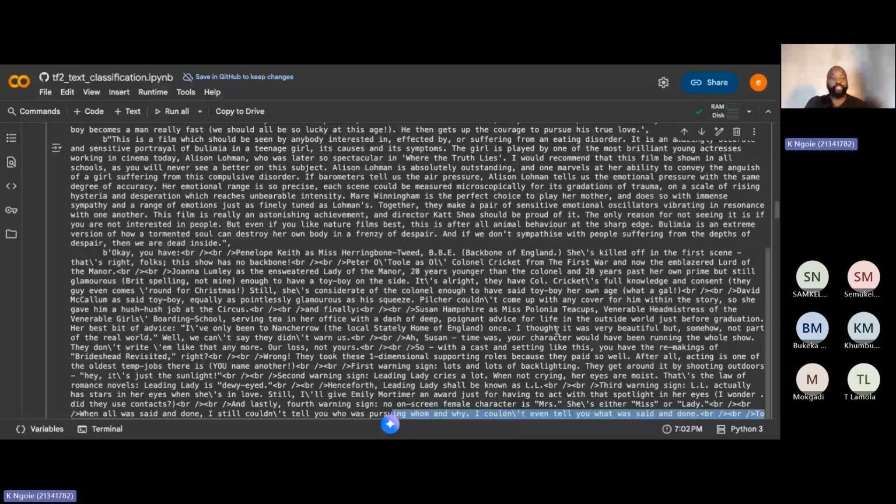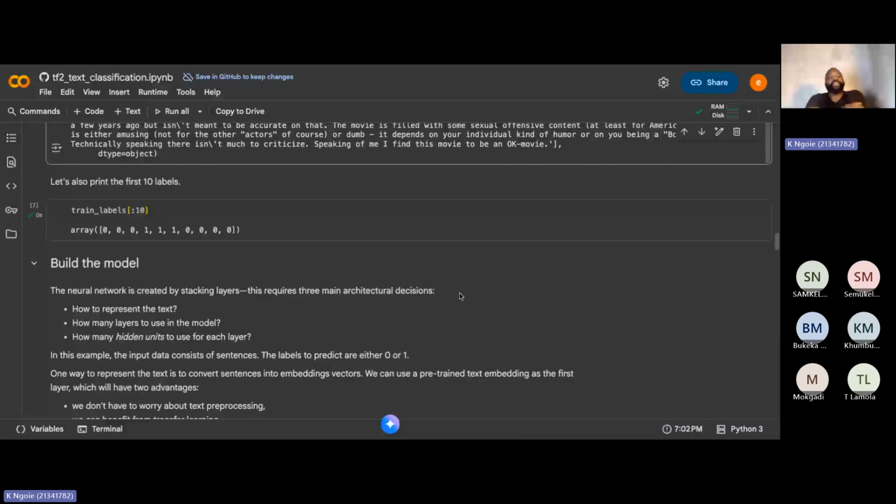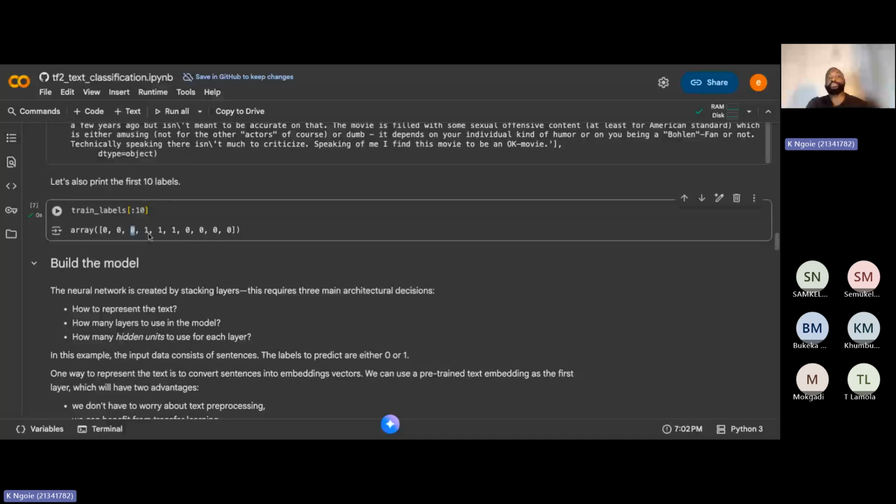The system will learn from that and understand each review and see whether the review was positive or negative. You look at this, for example, here, the output where we have 0, 1: 0, 0 means negative, negative, positive, positive, positive, negative.